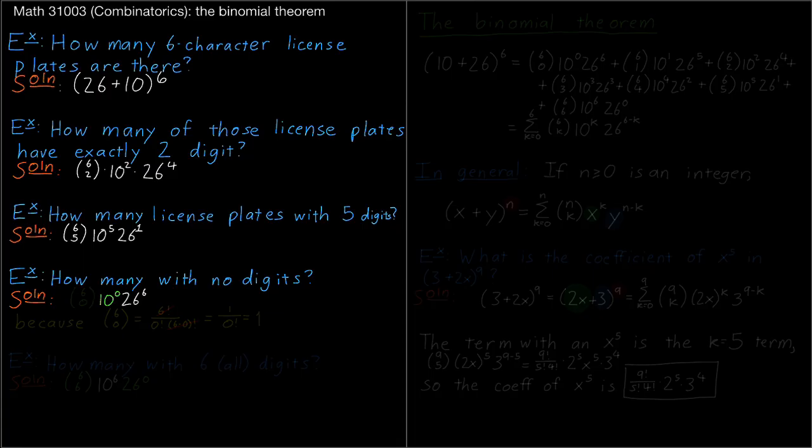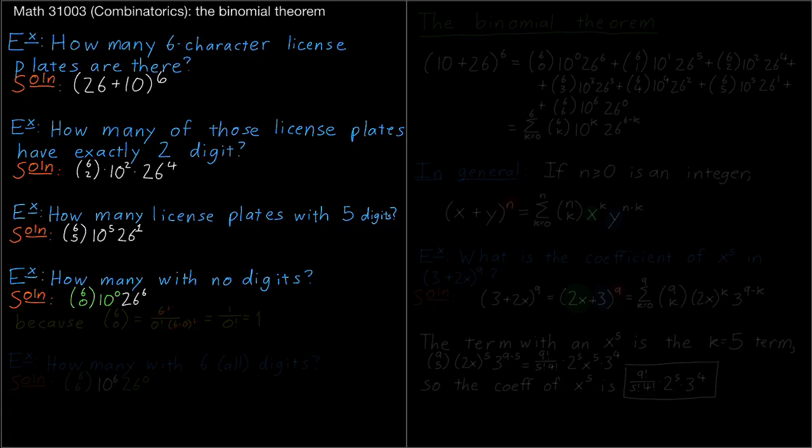And then notice that I had a 6 choose 2 for my first answer when I had 2 digits, I had a 6 choose 5 when I had 5 digits. Do I have a 6 choose 0 when I have 0 digits?